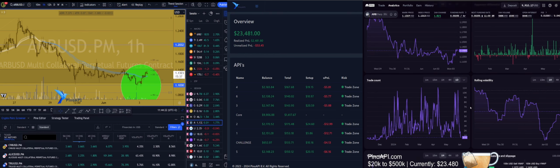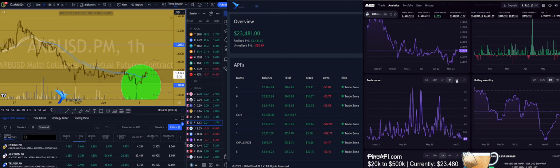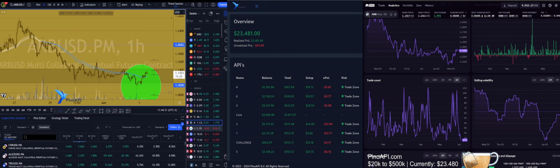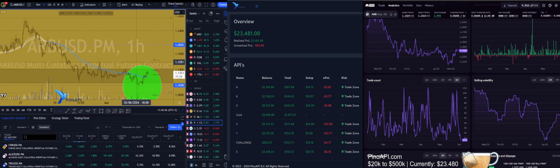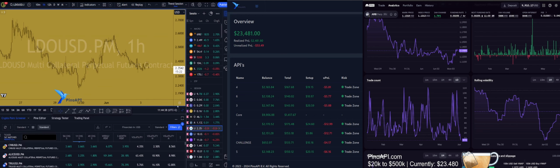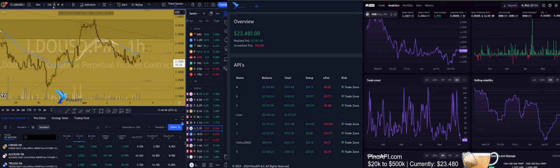This is definitely disappointing. The amount of trades, it's not good. So although it looks good, I'm not really interested right now. LDO.